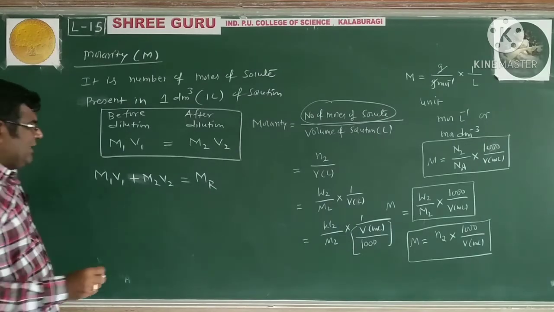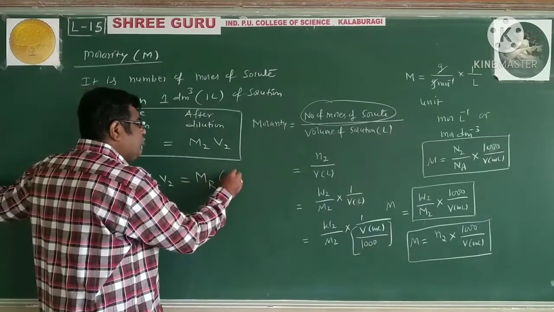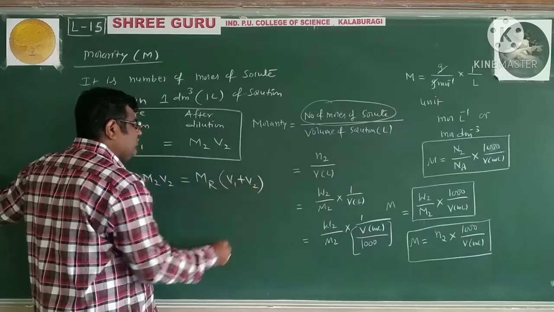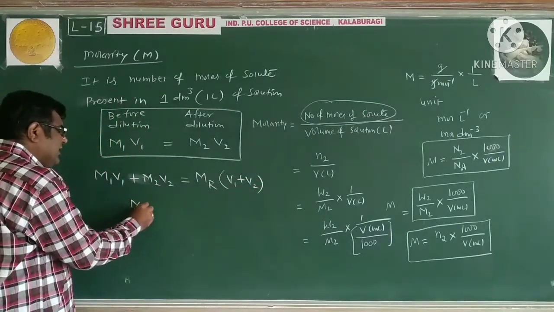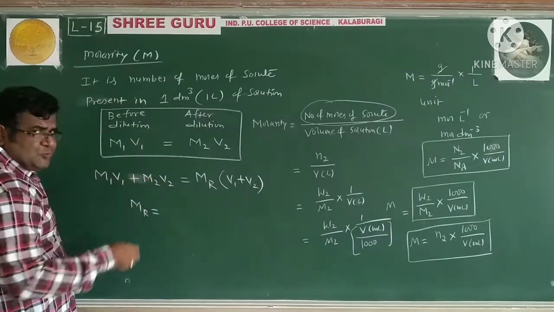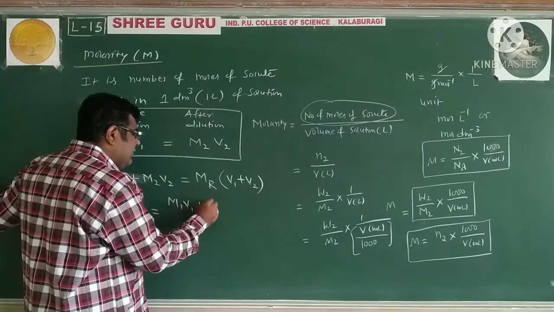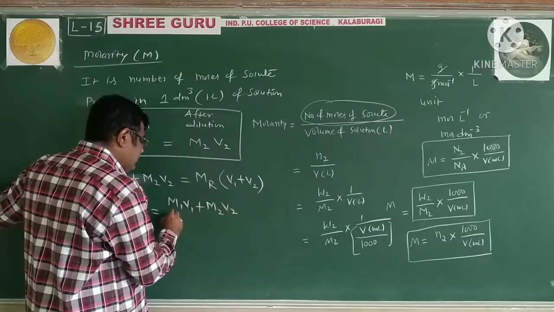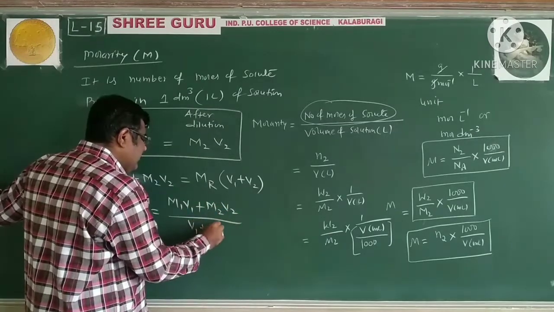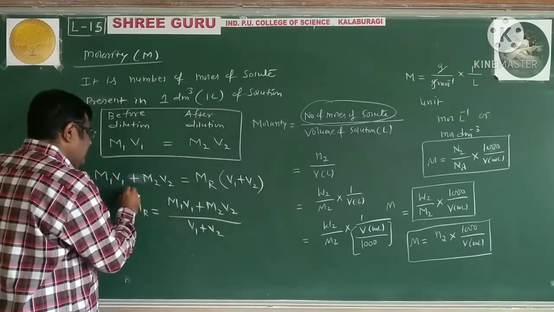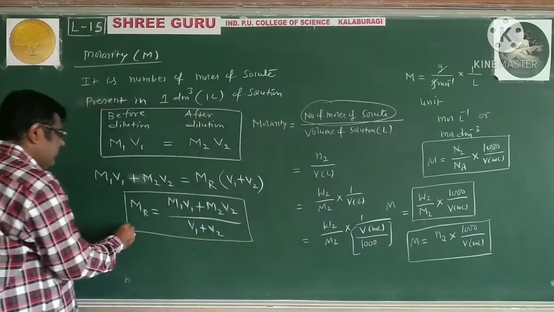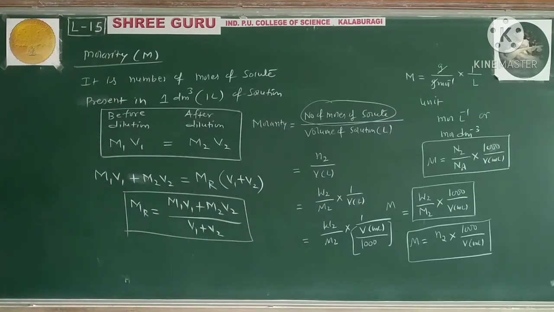Resultant molarity into V1 plus V2. So the resultant molarity after mixing these two solutions is equal to M1V1 plus M2V2 divided by V1 plus V2. This is one more formula related to molarity.